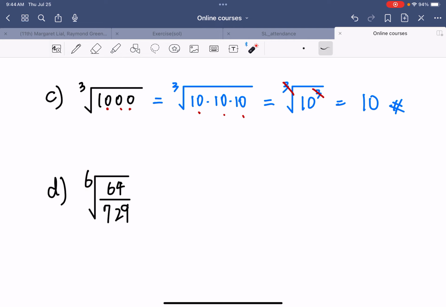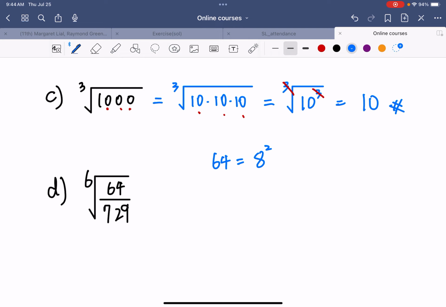So we should look for the short division of 64, and we know 64 we can actually rewrite as 8 times 8, so that will be 8 squared.